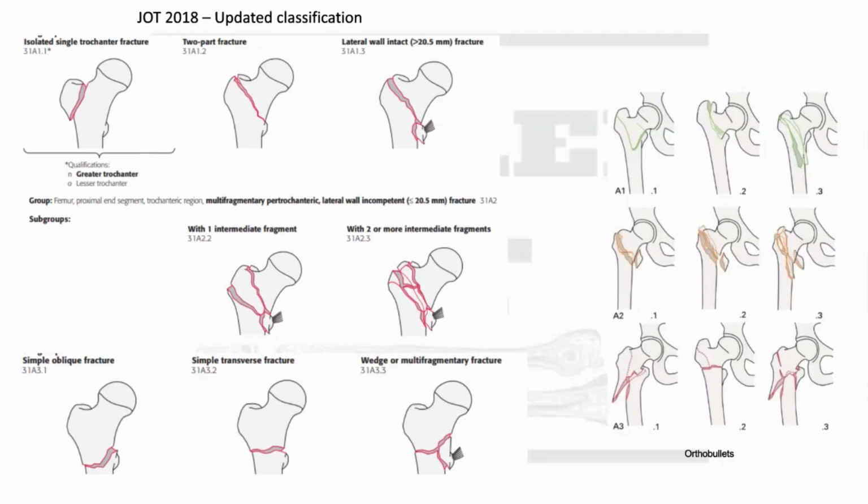A2 originally focused on posterior medial comminution, the amount of involvement of the lesser trochanter, if the lesser trochanter is pulled off, if there's associated comminution with that, and if there's extension below the level of the lesser. Whereas in the updated classification, they don't focus as much on that and start talking about whether the lateral wall is intact greater than 20.5 millimeters. And so that's a little bit of what we're going to be talking about today. Why is that important, and how did that number get chosen?